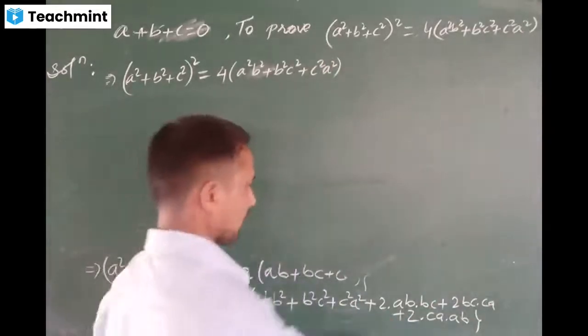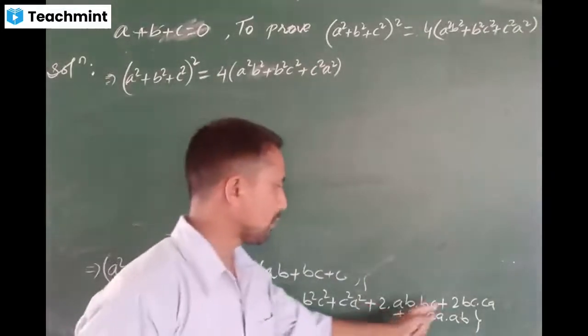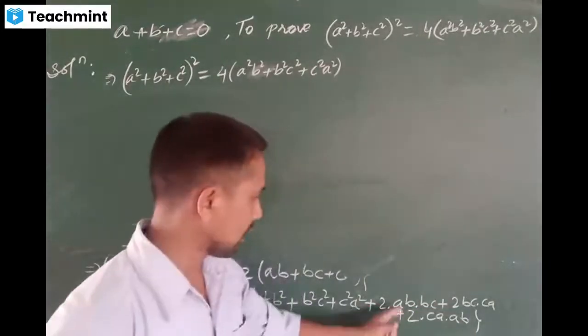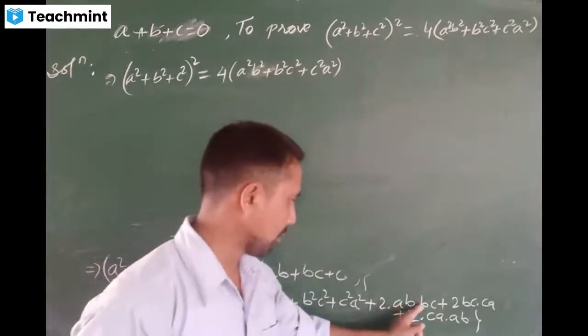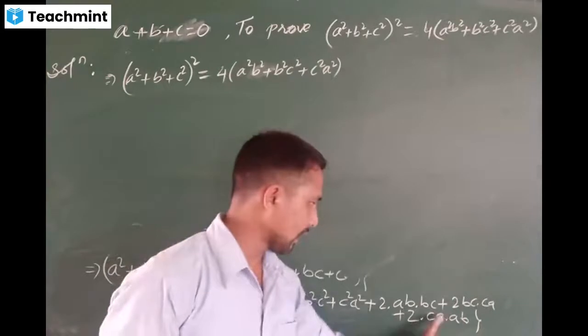What can we get here? In all the cases, twice ABC we will get.